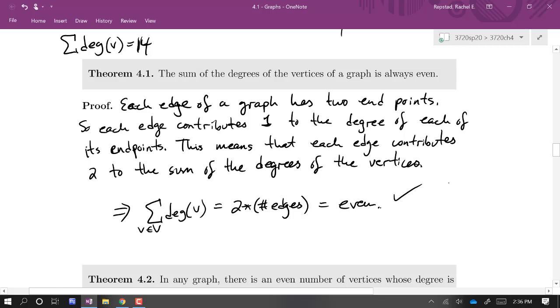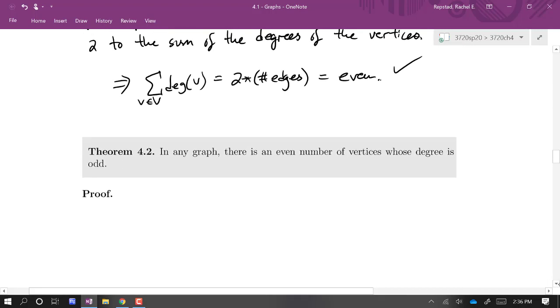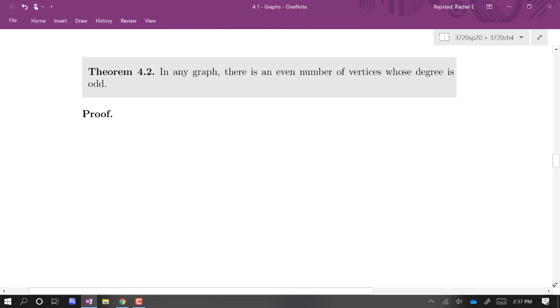Now, individual vertices could have degree even or odd. But as it turns out, in any graph, there is always going to be an even number of vertices whose degree is odd. You can have vertices with odd degree, but there will always be an even number of them. And that's the next theorem that we're going to prove. We're going to prove this by contradiction. So let's suppose that there are an odd number of vertices with odd degree.